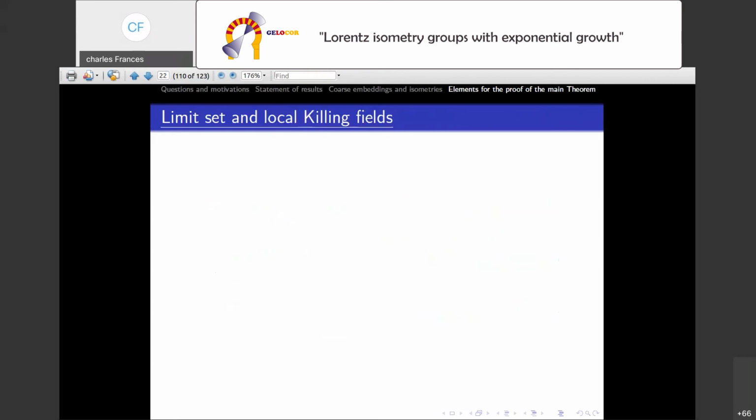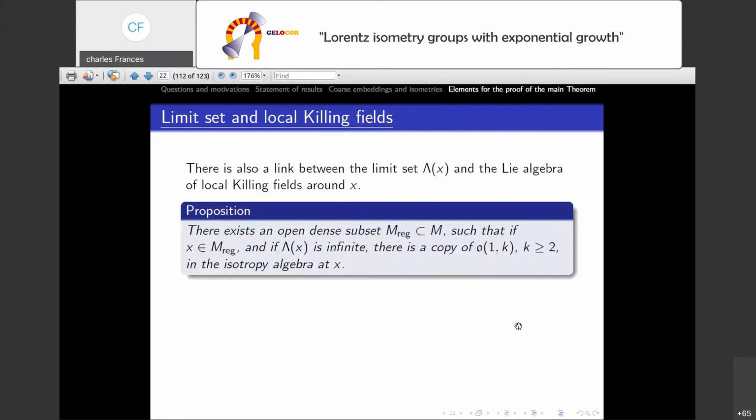Let me also mention the link between the limit set and local Killing fields. The limit set is again the one given by the derivative cocycle. Proposition: there is an open subset of the manifold called the regular set, such that if x is a point in the regular set, and if the limit set is infinite, then the isotropy algebra at x is big, in the sense that it must contain a copy of the simple Lie algebra o(1,k), k at least 2.